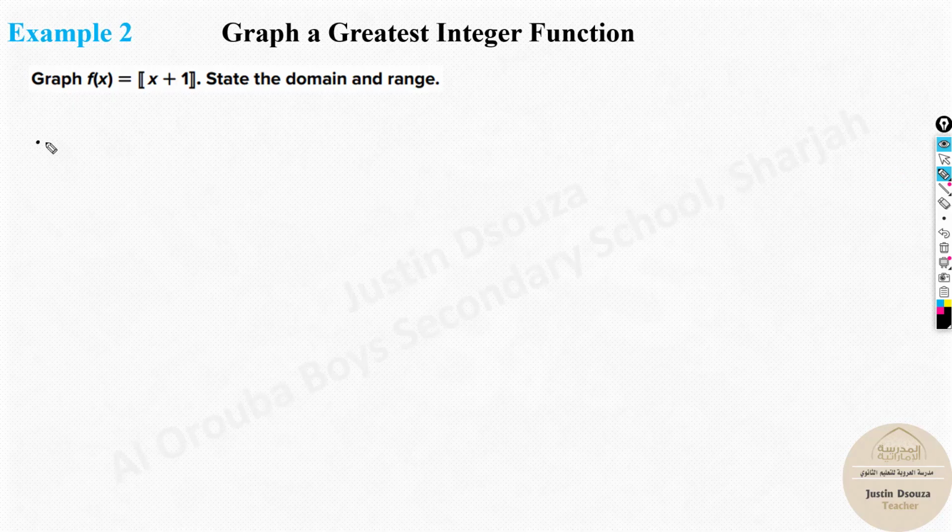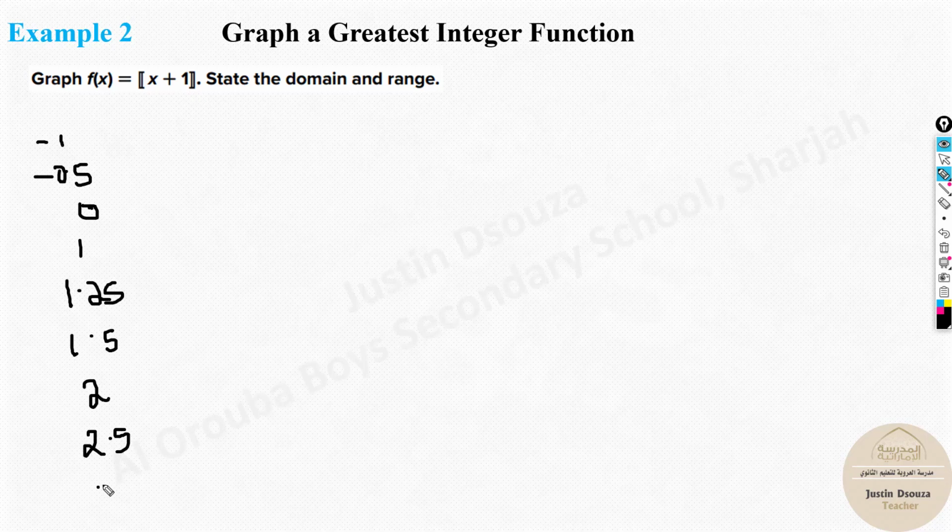Let me take minus 1, minus 0.5, 0. You can take more values, but I'm just taking simple ones. 0 is always neutral, so you don't need to write any sign. Then 1, 1.25, 1.5, 2.5.